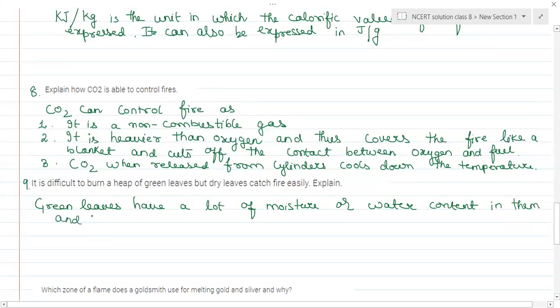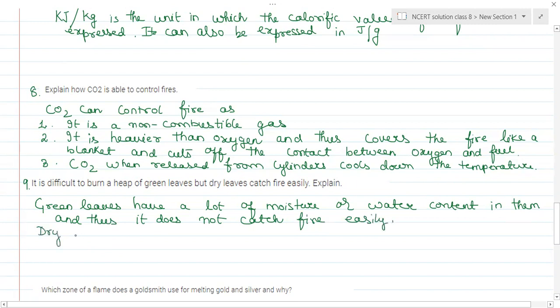and thus it does not catch fire easily, or rather, it does not catch fire.